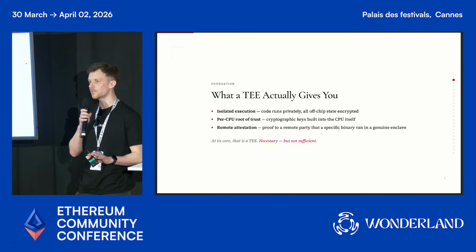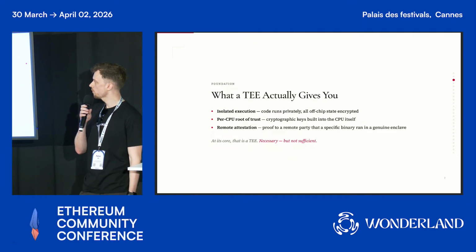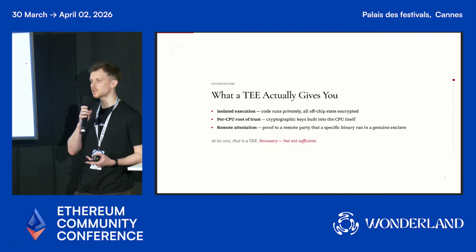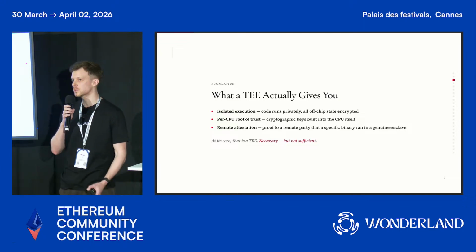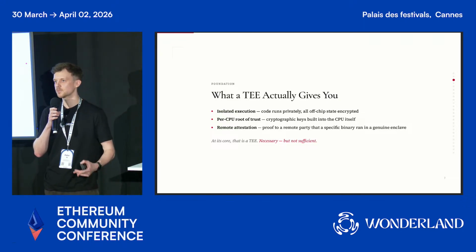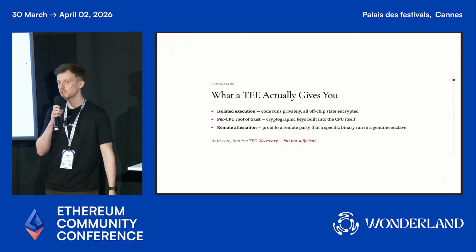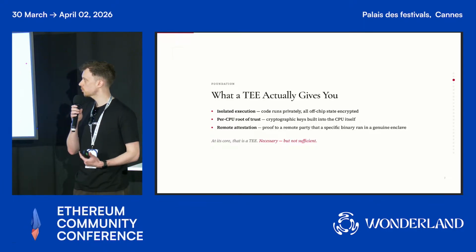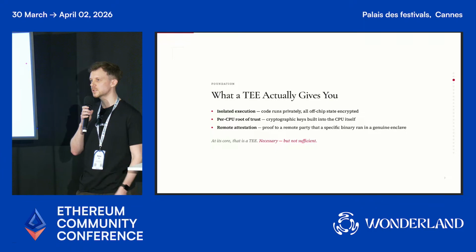At a high level, what the TEE gives you is basically three things. You get isolated execution, which means that your code is run privately in a part of the CPU that even the operator cannot see. You get a per-CPU root of trust. These are basically some cryptographic keys that are baked into the CPUs at the time of production.